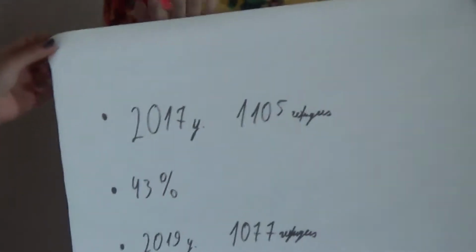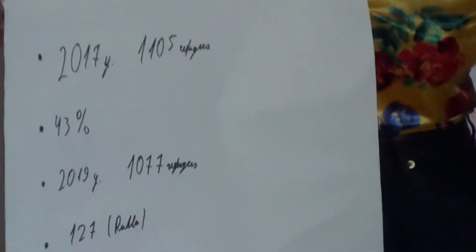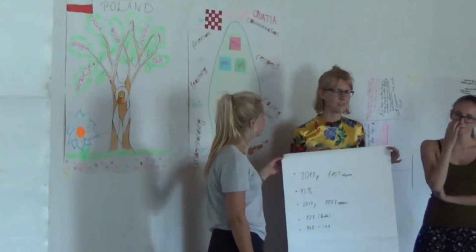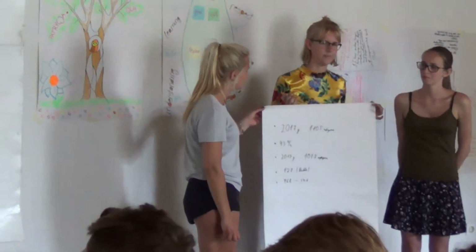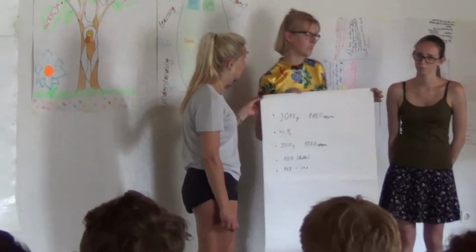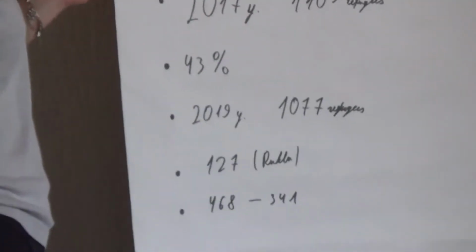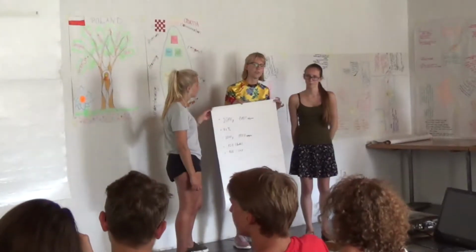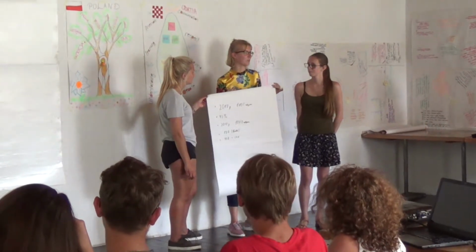So, the goal of 2019 is 1,077 refugees. Every refugee that is accepted by Lithuania has to go to the refugee center, which is in a very small town in Lithuania. They are granted certain living conditions, and also have to go to a Lithuanian language course.